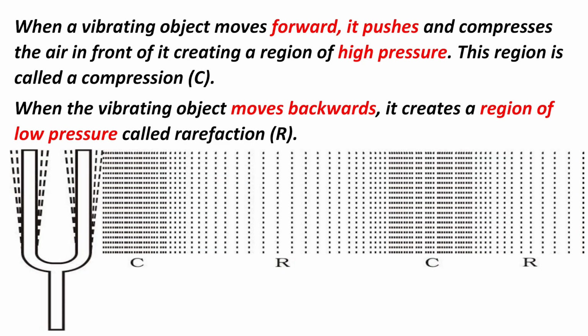Here you can see how the particle pushes forward the adjacent particle, and the first particle comes again to its original, equilibrium position. See here, and also you have to observe two things: the direction of energy transfer, that is the direction of sound, and also the direction of the movement of the particles.